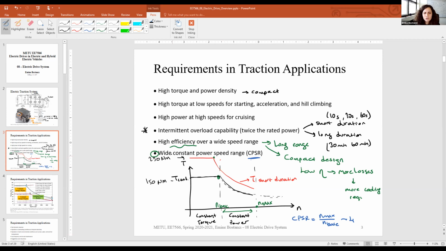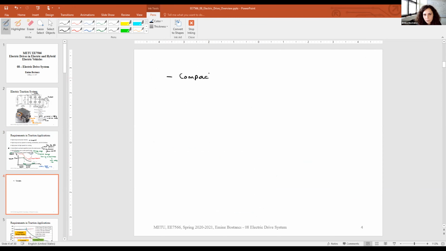So the problem is actually this. It is maybe better to put them here. To get a compact design, to get high efficiency, and to get required characteristics.